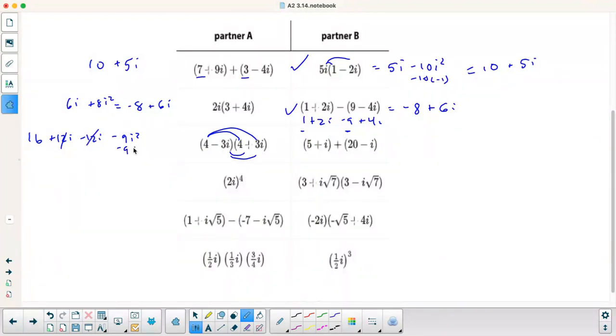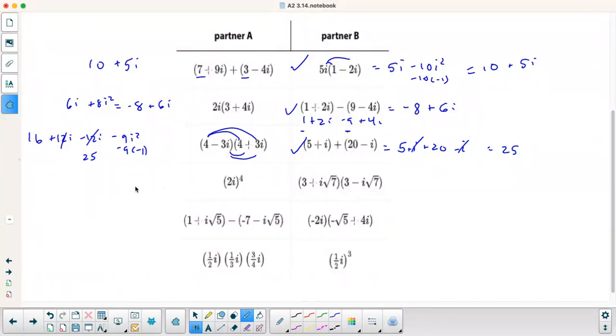This is negative 9 times negative 1. So that's positive 9 plus 16 would give me 25. Over here, I get 5 plus i plus 20 minus i. Those add up to 0. And I get 25.